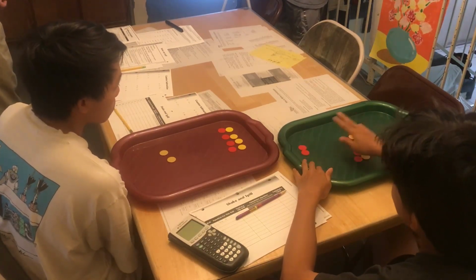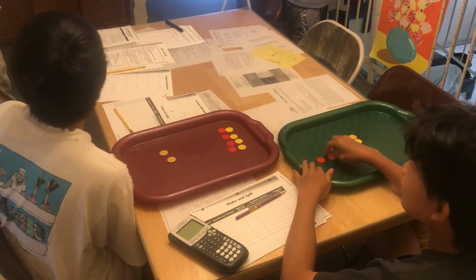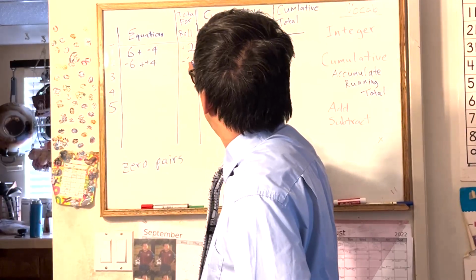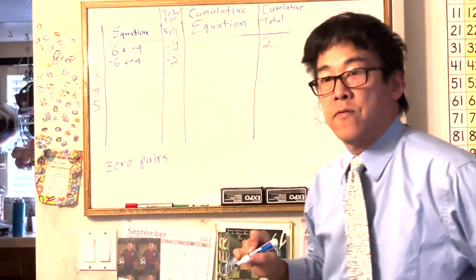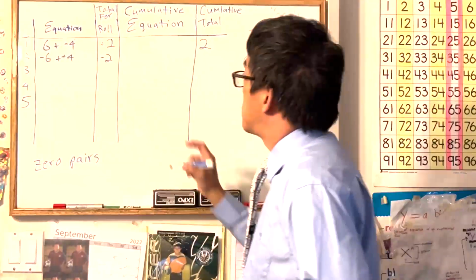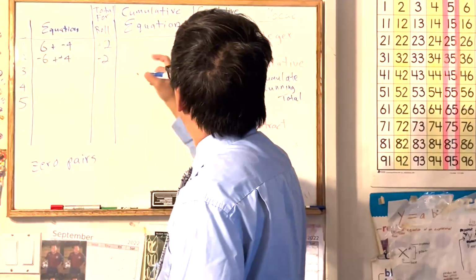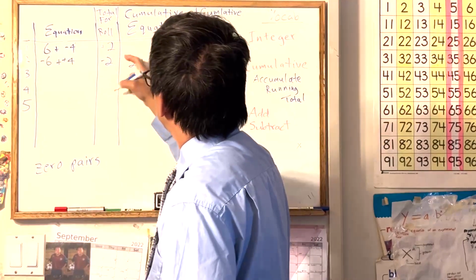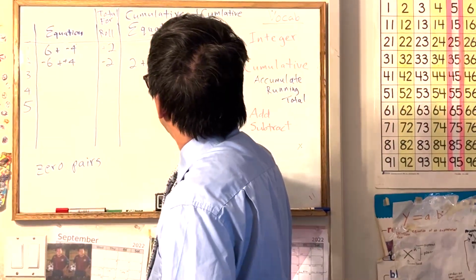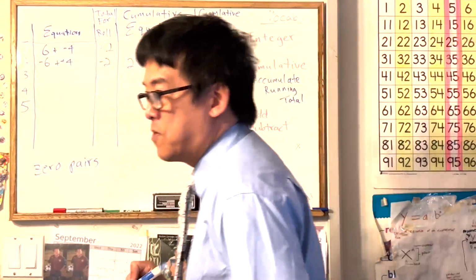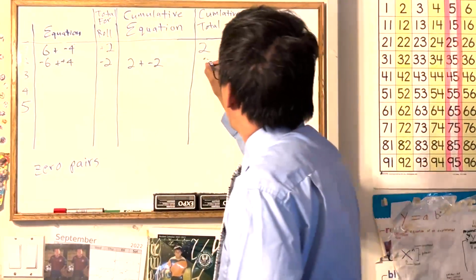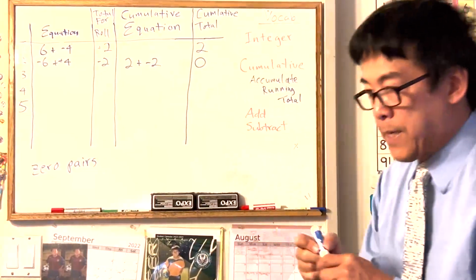And what are you left with? Negative 2. Negative 2, right? Okay, now this is how we do the cumulative. Watch carefully. So this is what your sheet should look like. We have 2. Now we're going to do 2 plus negative 2. And what's 2 plus negative 2? 0. Okay, shake and spill again, please.